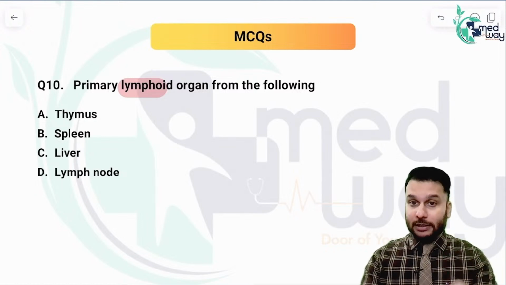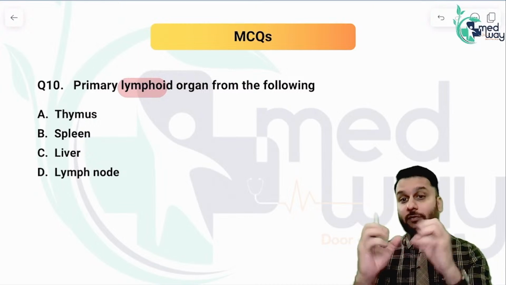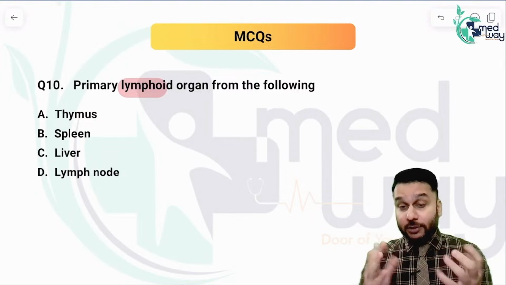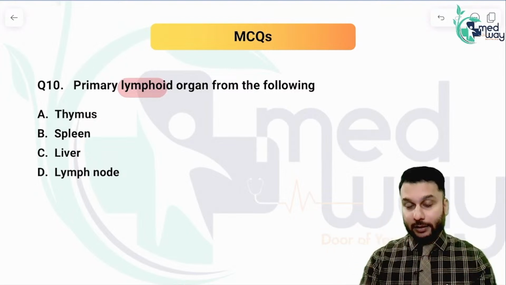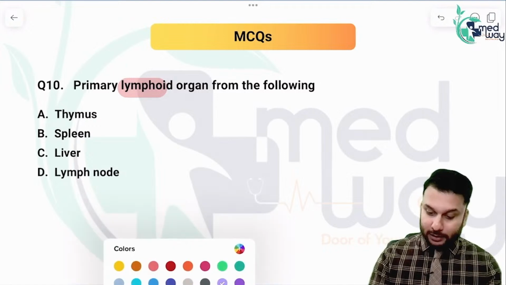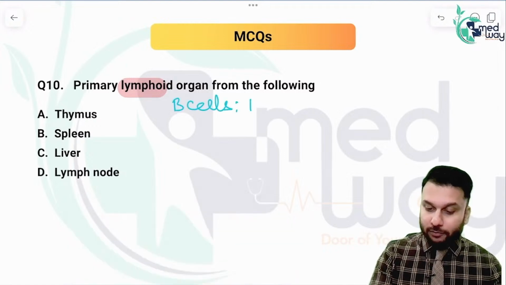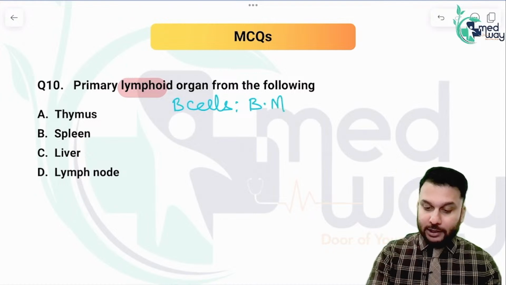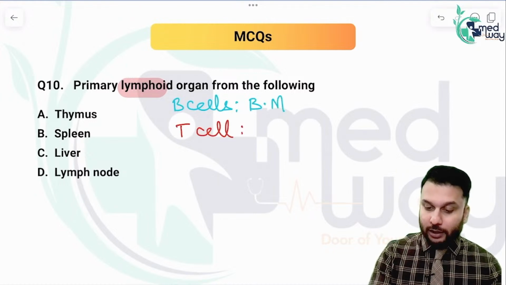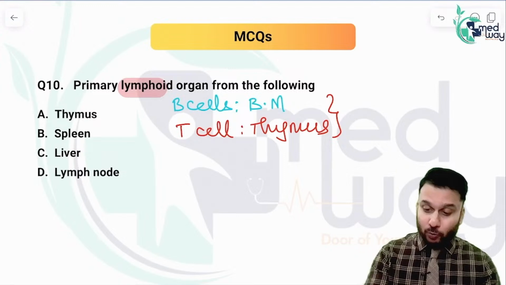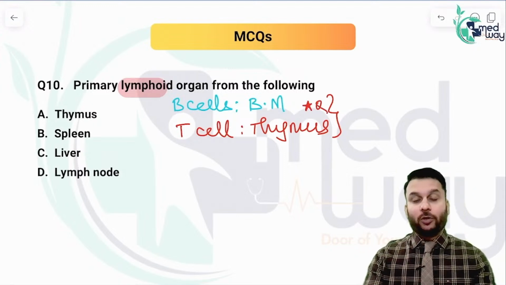But then what happens is, for their maturation, they go somewhere else. Just like we are born somewhere, but for studies, we might go somewhere. It is like that. Okay. B cells will study in the bone marrow itself, whereas the T cells will mature in the thymus. Now, because these are the places where they're maturing, that's why they're called primary lymphoid organs.